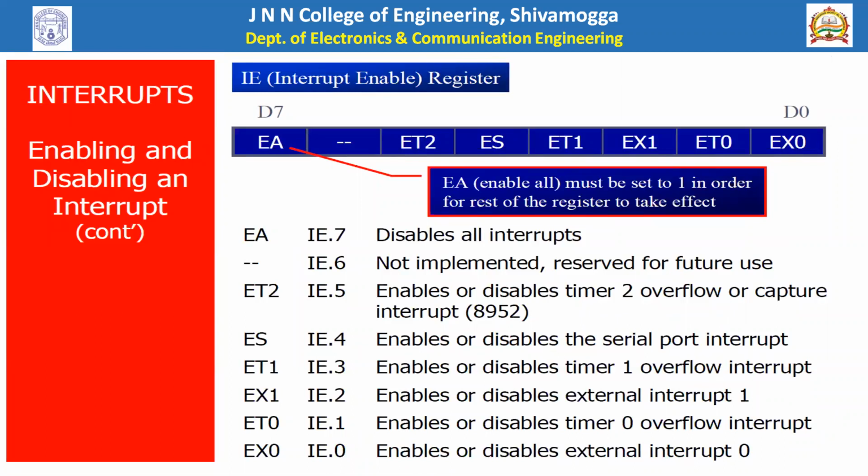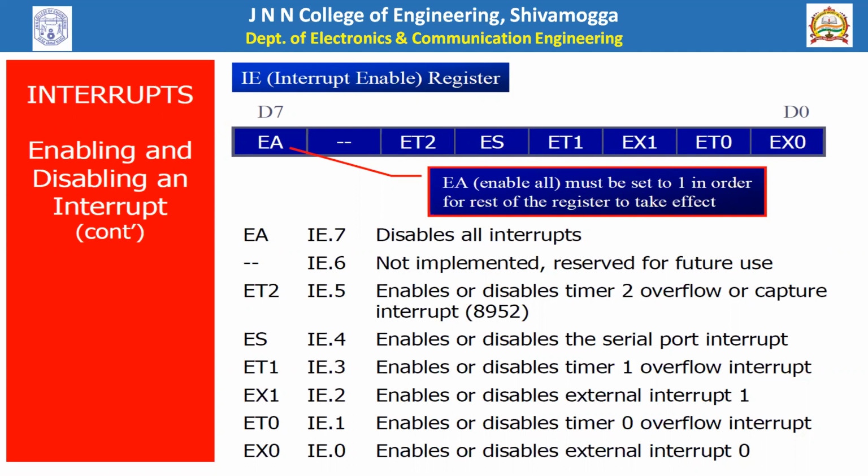This is the format of the interrupt enable register. D7 is EA. It disables all interrupts. IE.6 is not used. IE.5 is ET2, enable or disable timer 2 overflow or capture interrupt.